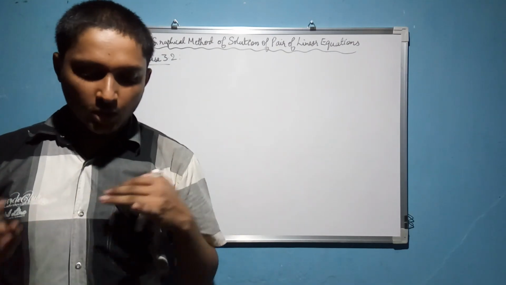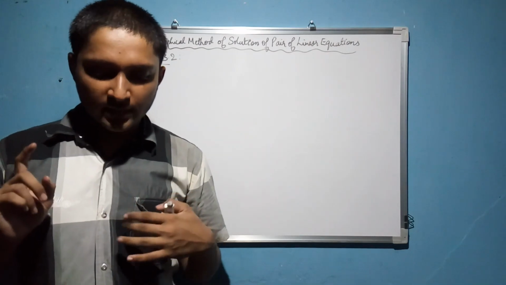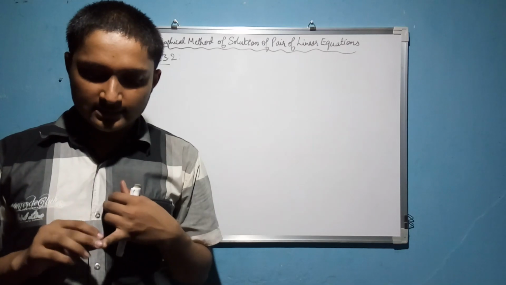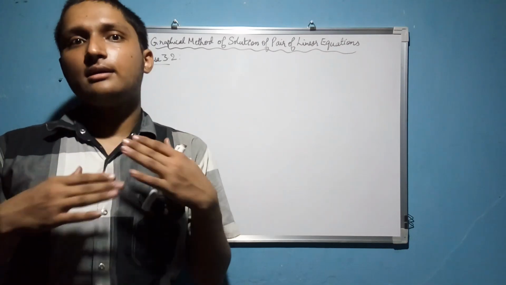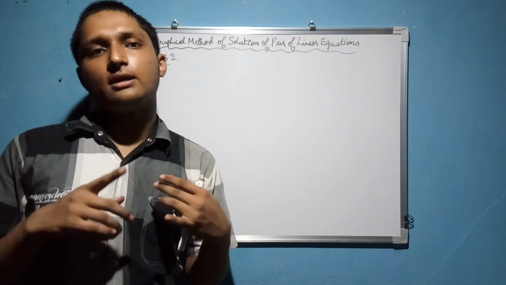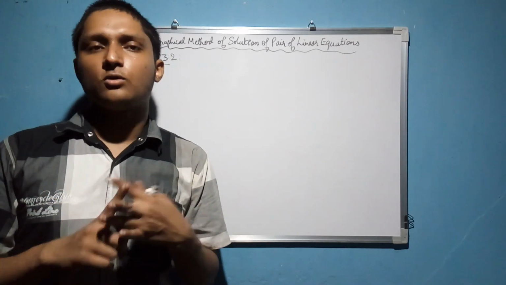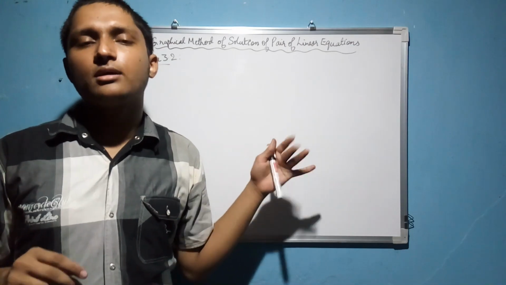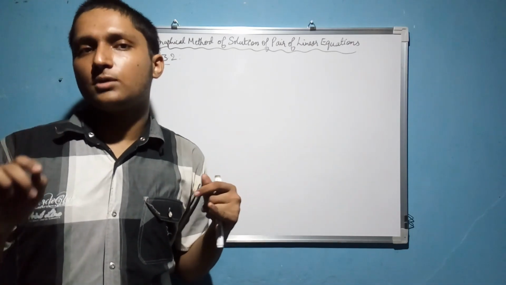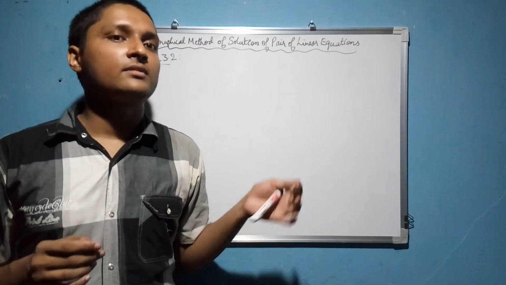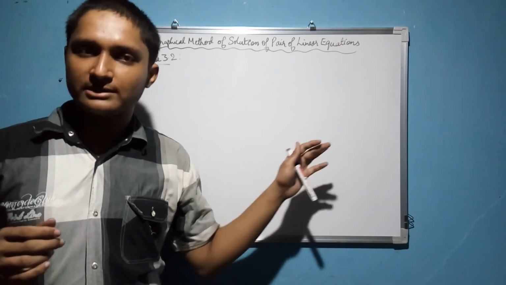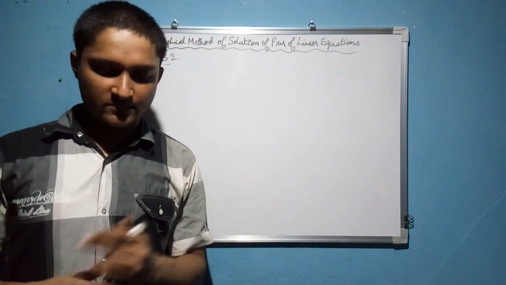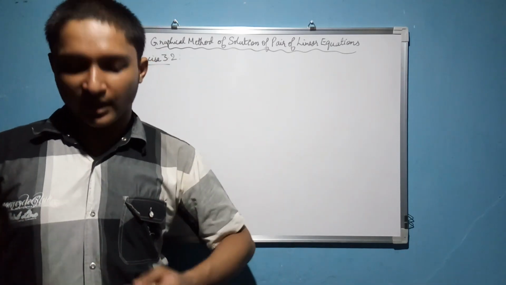The second question is on comparing the ratios a1 by a2, b1 by b2 and c1 by c2, to find out whether they are intersecting, parallel or coincident. That was direct, because there were three cases: a1 by a2 not equal to b1 by b2 for intersecting, all the ratios equal for coincident, and equal in a and b but not equal to c1 by c2 in the parallel case. That is a direct thing you can find out.